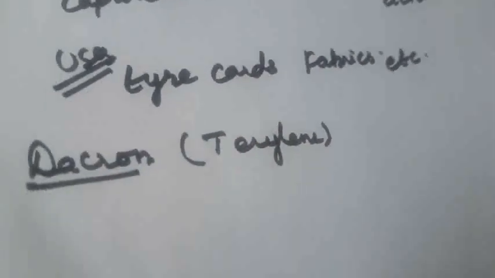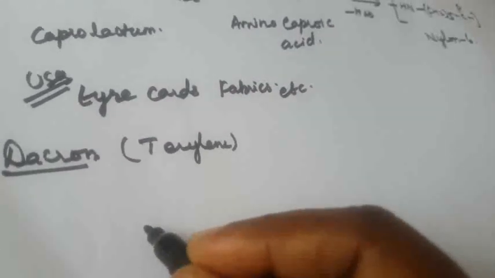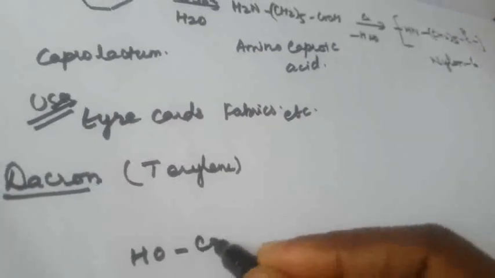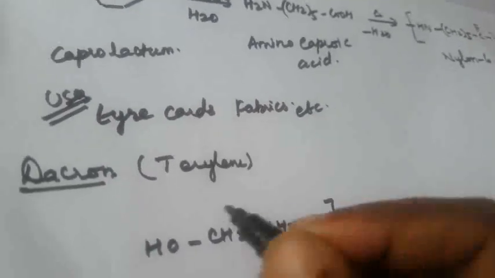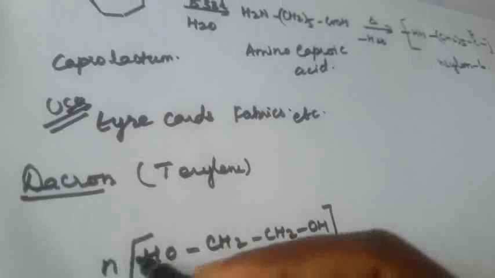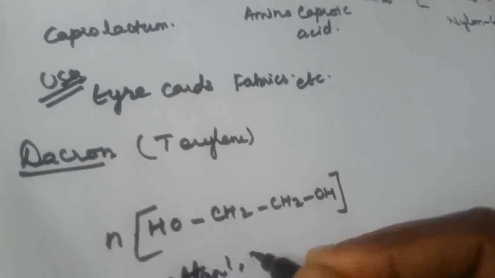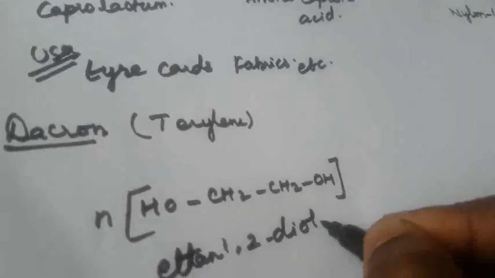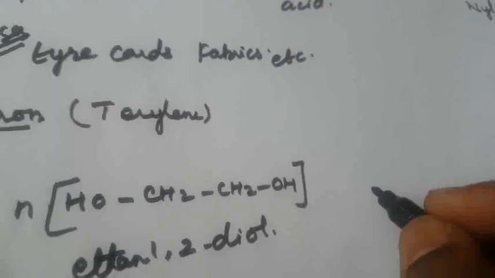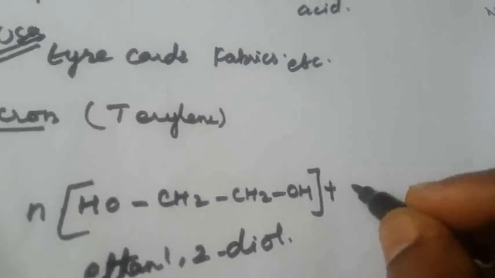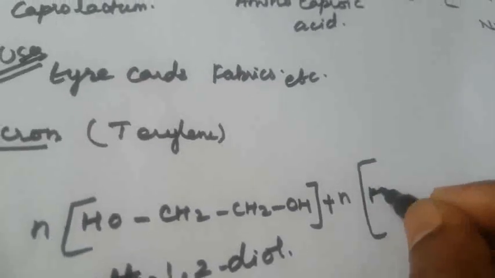Again, ethylene glycol, that is OH, CH2, CH2, OH. This is n molecules of ethylene glycol, ethane-1,2-diol. Again, it will be combined with benzene dicarboxylic acid. What is the formula?